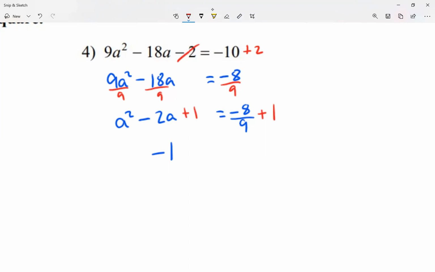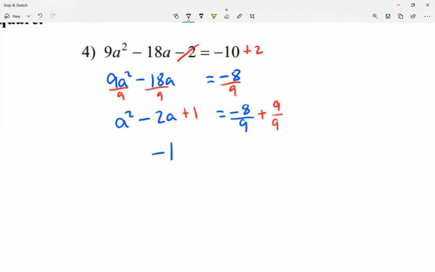Now, on the right side, I want the 1 as a fraction. So let me erase that 1 and write it as 9 over 9. I want the 9 at the bottom because I know when I add fractions, I need to have a common denominator.